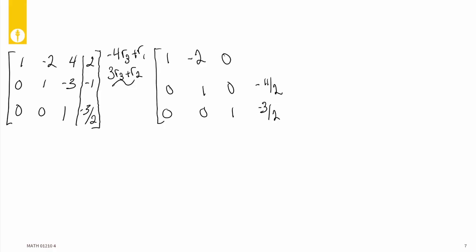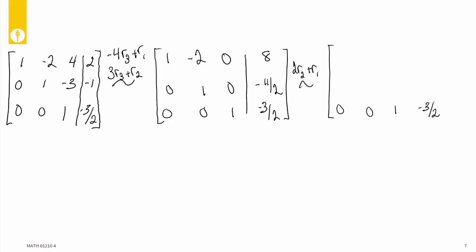That's 0. 6 plus 2, 8. And then do that. Negative 3 plus 8, 5.